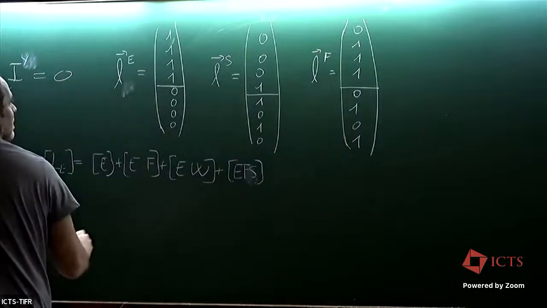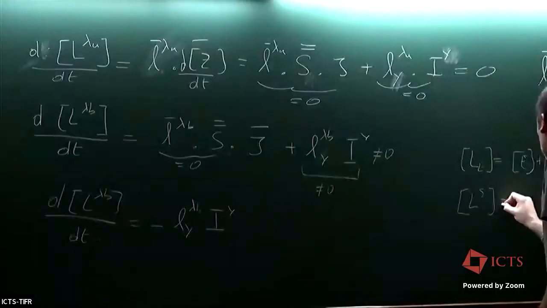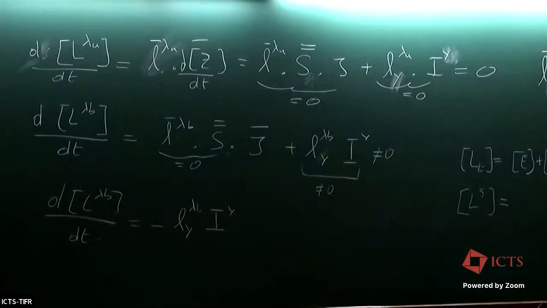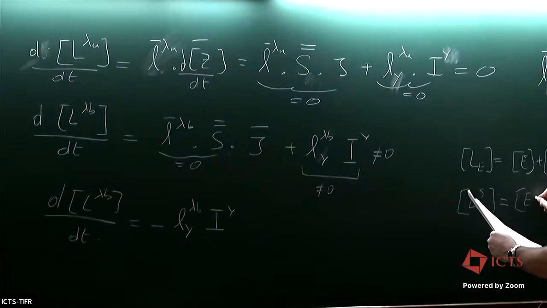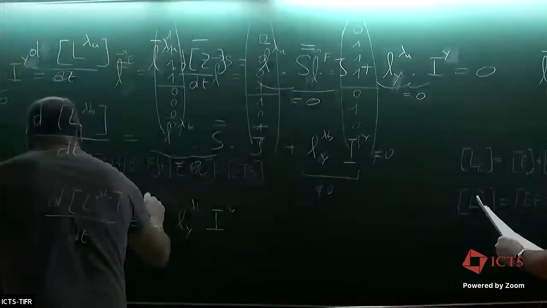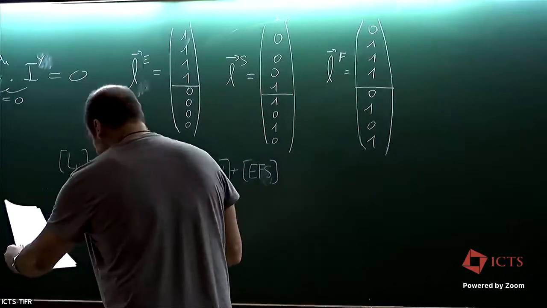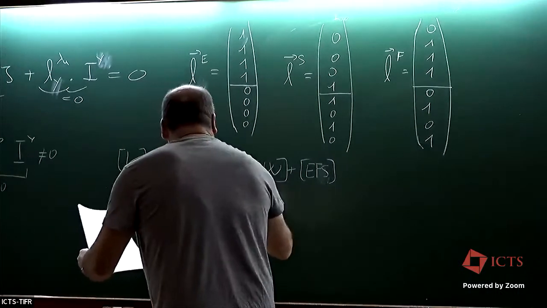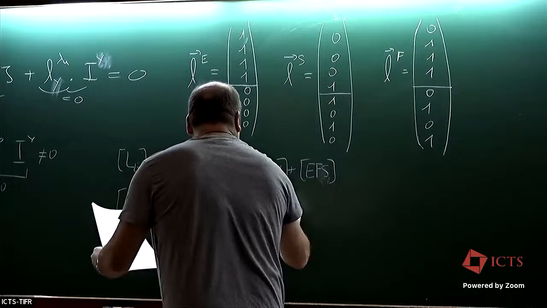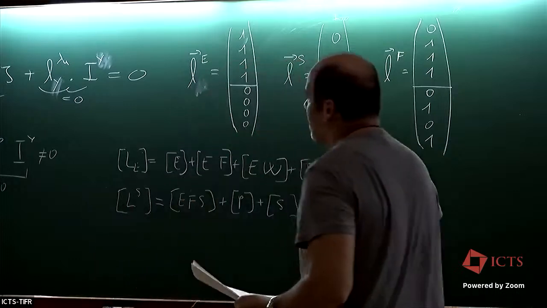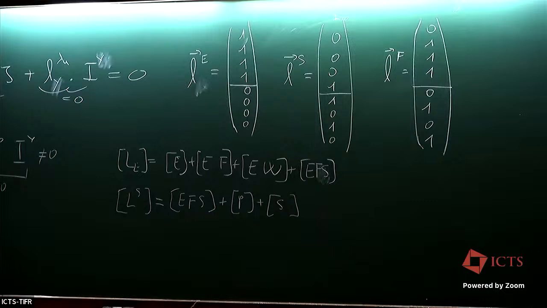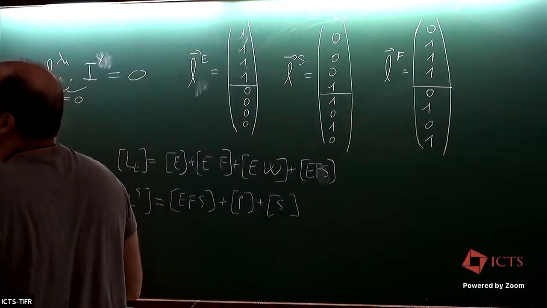Let's look at LS. I look on my, you can check it. So this is the concentration of EFS plus P plus S. Unfortunately I'm so far from my drawing, but EFS plus P plus S, look at the graph.